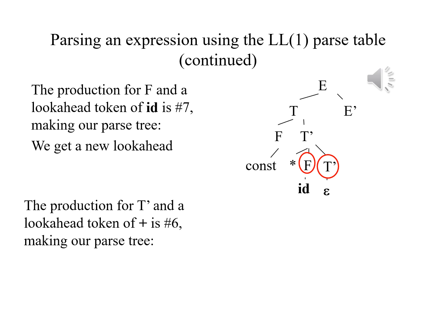That gives us production 7. Factor derives identifier, and you can see that added to the tree. After this, we go over to T prime. The look-ahead is plus, and T prime being the non-terminal, we are going to production 6, which is T prime derives the empty string.